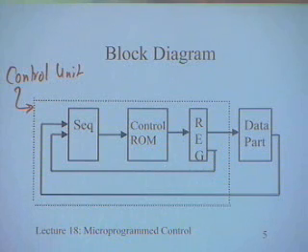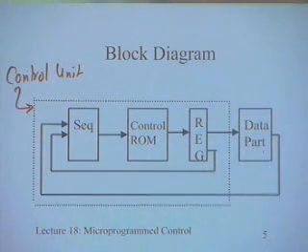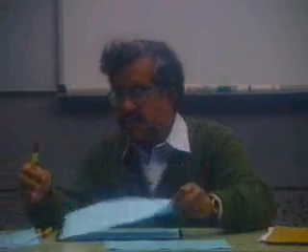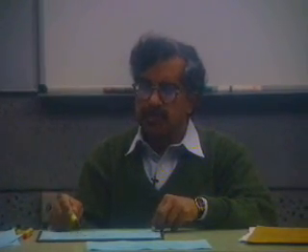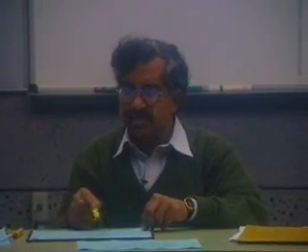We will see that there could be smaller components as well, and I am not going into the details of the data part, but now let us look at the partition that we had. Let us relate it to this partition. Here we considered this as a black box. Here now we are going into the details of this. So here the status and control signals.